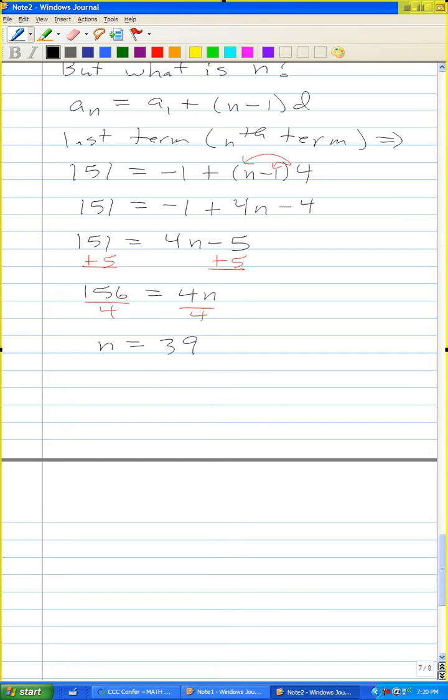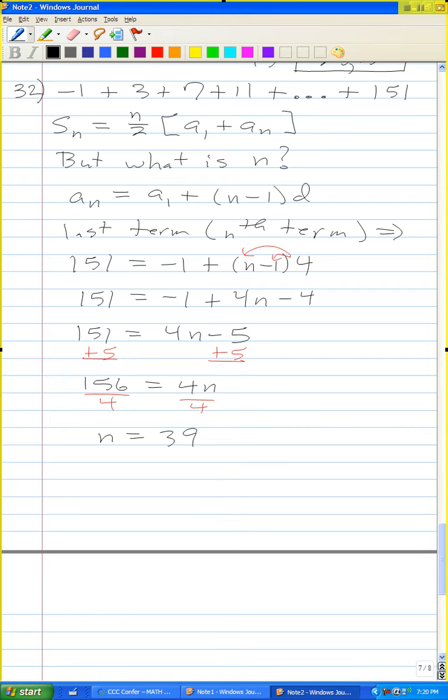I believe 39. So 156 divided by 4 is 39. So now I can figure this out. So I want to add up the first 39 terms.